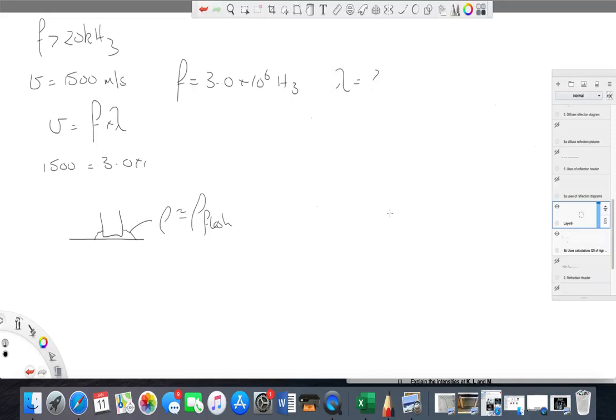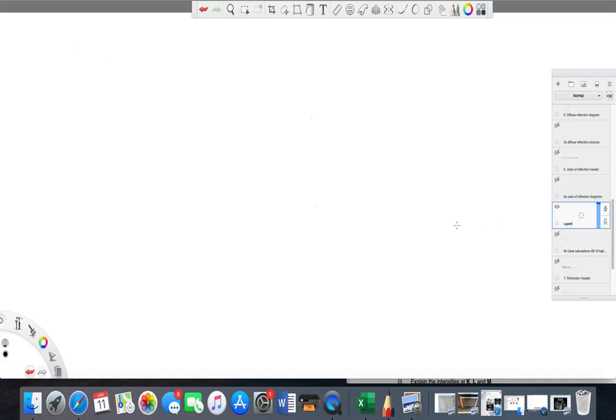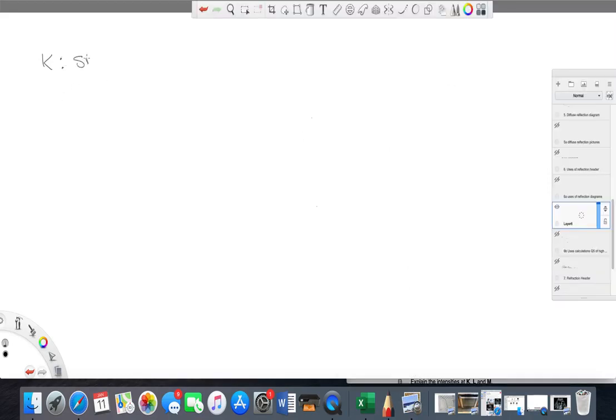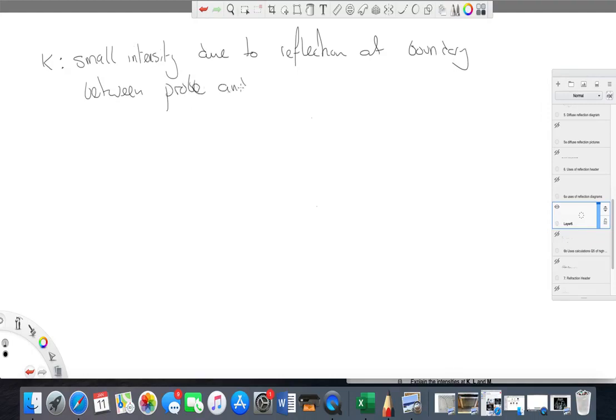The first thing that I would be looking at, I'd be saying, well, K, if you look at K, K has a small intensity, a small peak, due to reflection at the boundary between the probe and the flesh.